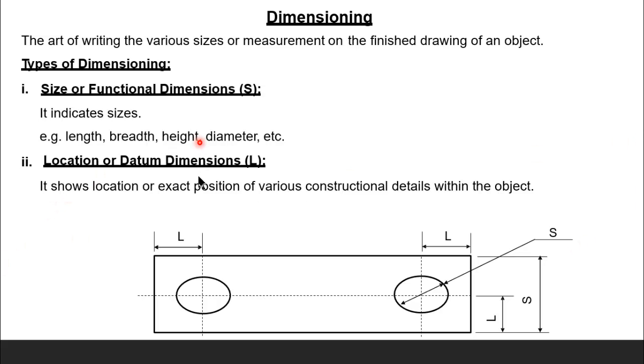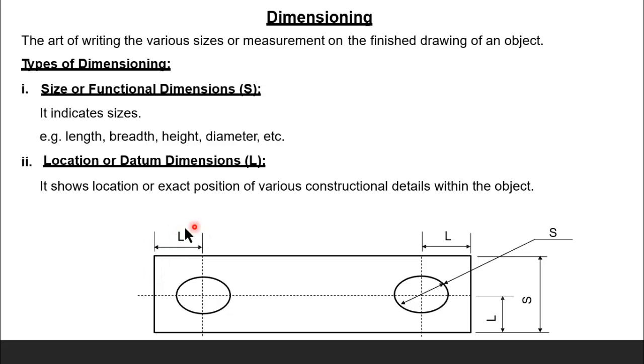Coming to location or datum, what happens here? The position of an object with respect to one reference. With one reference, we give the position of an object, where it is located. Such a dimension is called a location or datum dimension. See here, the center of the circle is at a distance of L from the side wall or this edge.